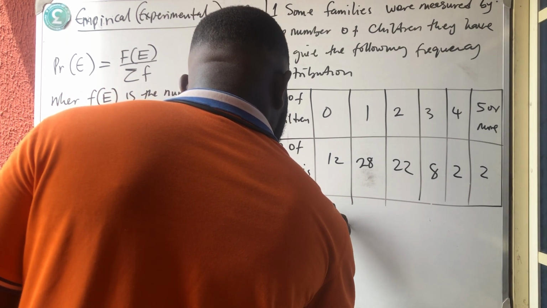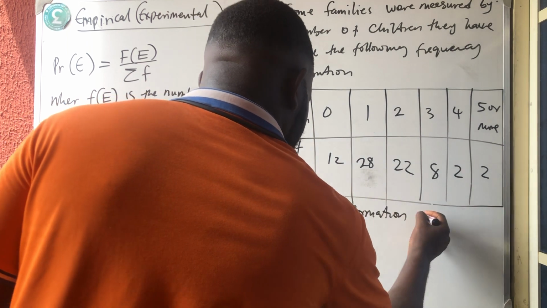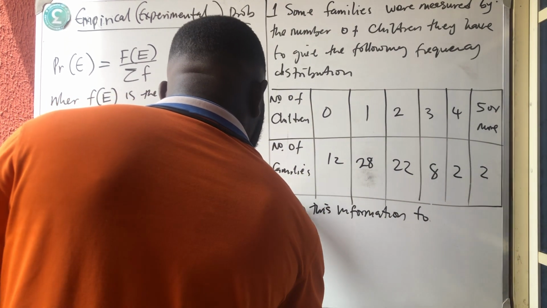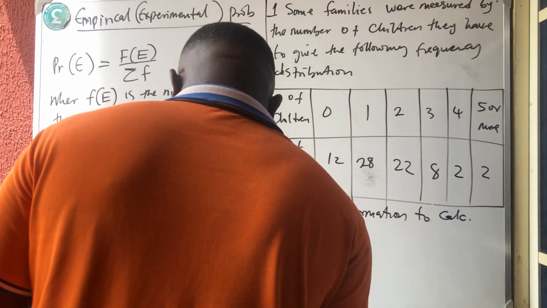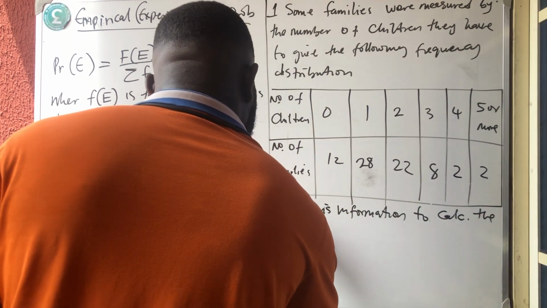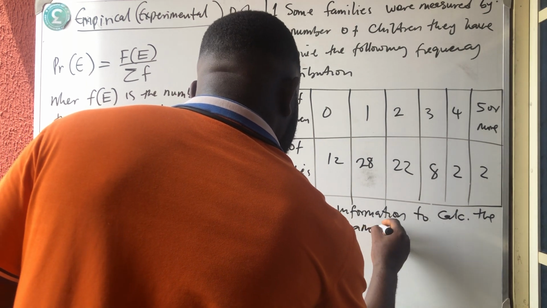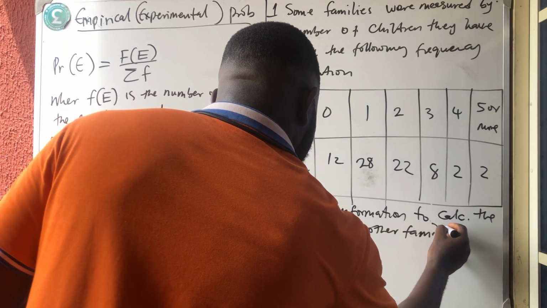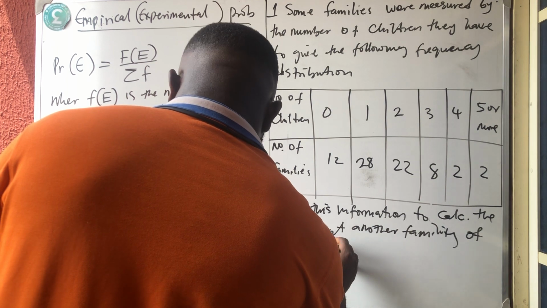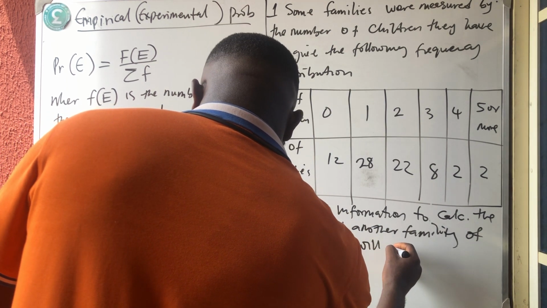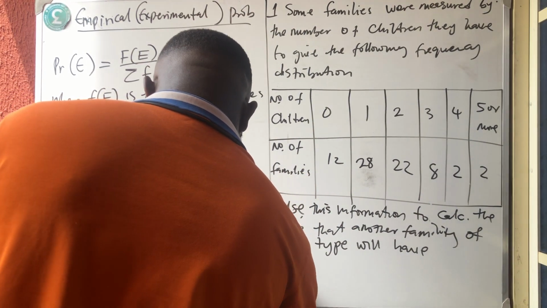Then I say, using this information, use this information to calculate the probability that another family of this type will have: number 1, 2 children.